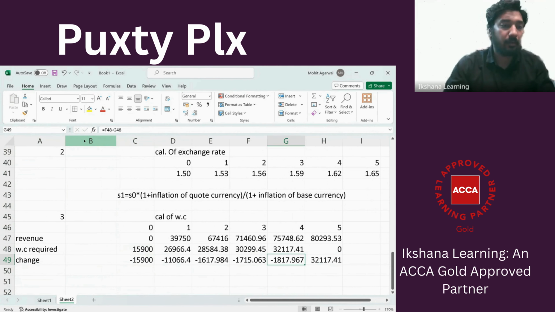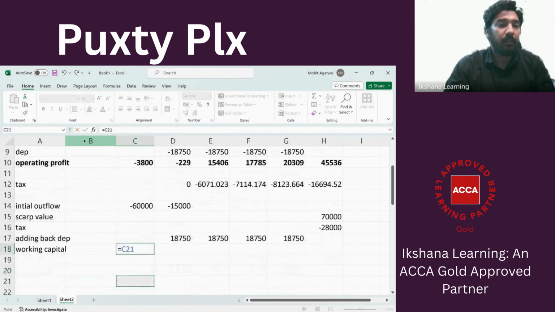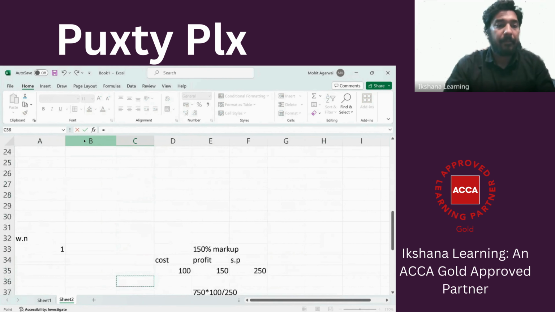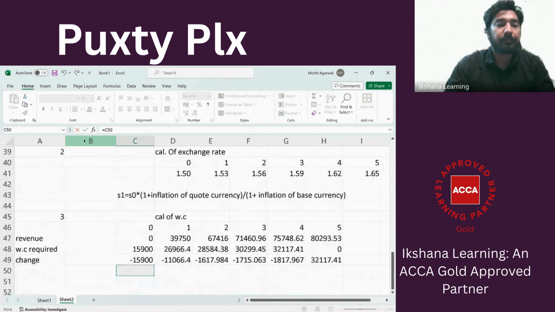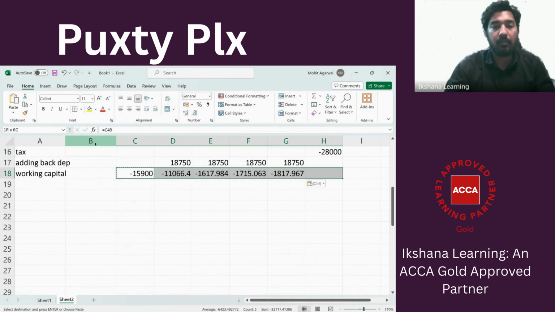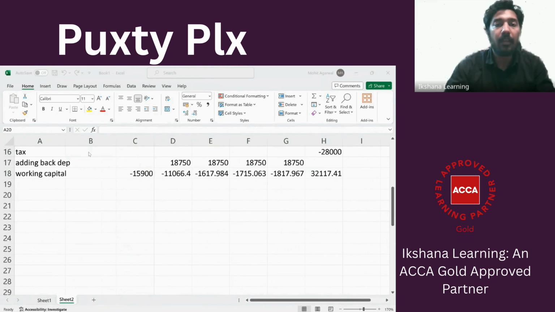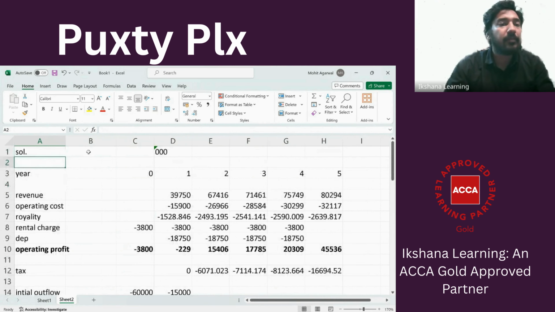Whatever amount is left will be recovered. So just give reference to the change. Right. Now this is your working capital. Correct till now? Everything is right.